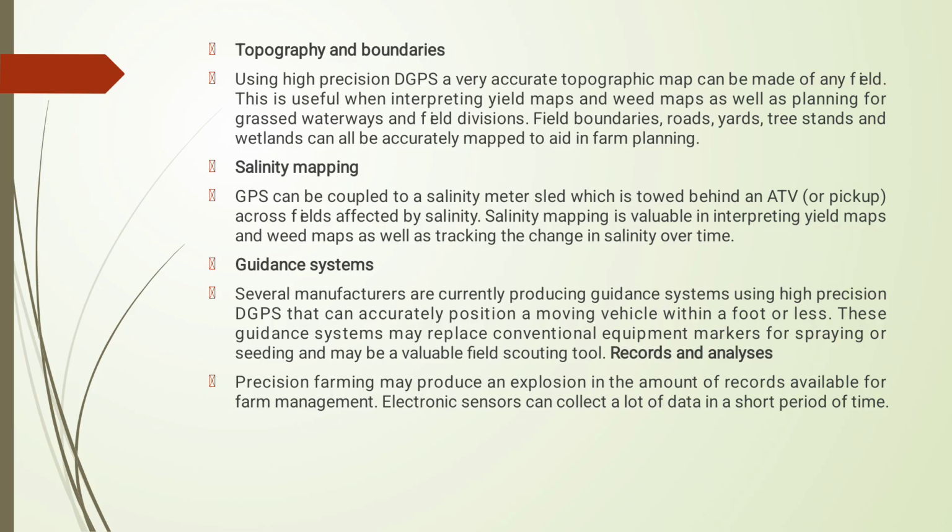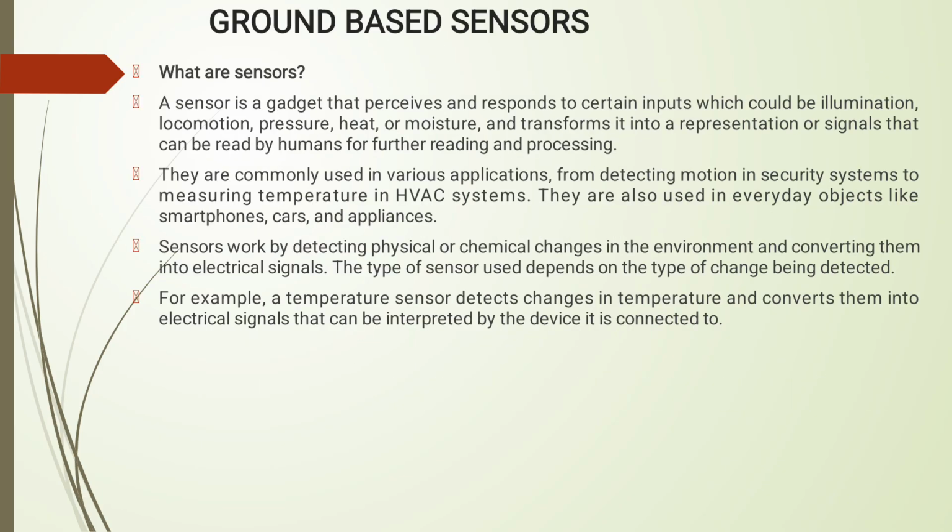This guidance system can replace conventional equipment markers for spraying or seeding, and may be a valuable field scouting tool. Precision farming may produce an explosion in the amount of records available for farm management. Electronic sensors can collect a lot of data in a short period of time.